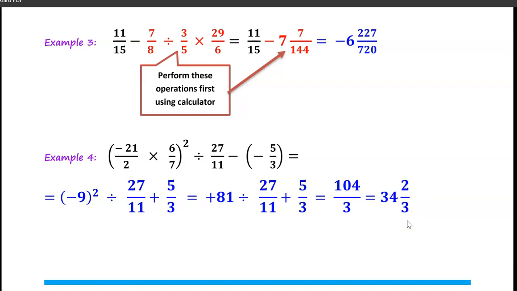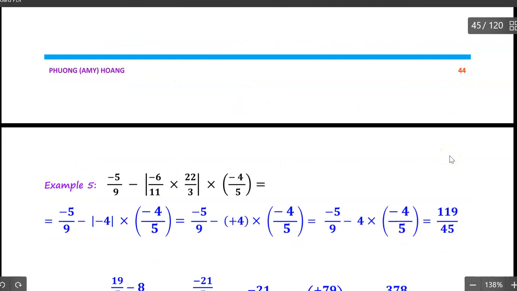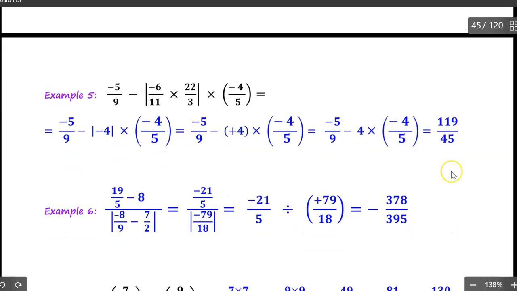So if you choose to not go through all of these steps and you are going to perform this, then I need you to make sure that you put everything in order and make sure that you tell the calculator what operation to do first. All right?